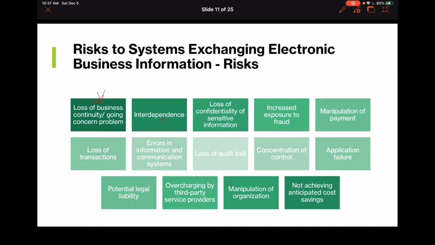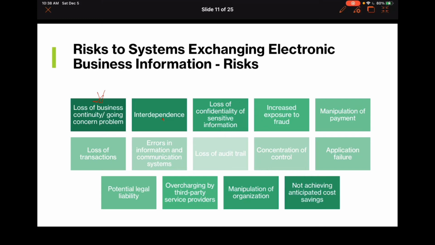So you are left with your production floor with zero materials. Tapos lahat ng workers mo nandun, so they will do nothing. So parang you have a big order that will disrupt your business continuity. Next, interdependence. So you are only dependent on your business partners to whom you have your EDI connections.